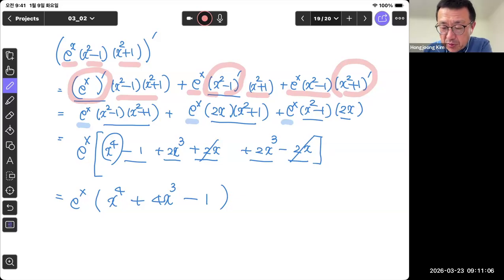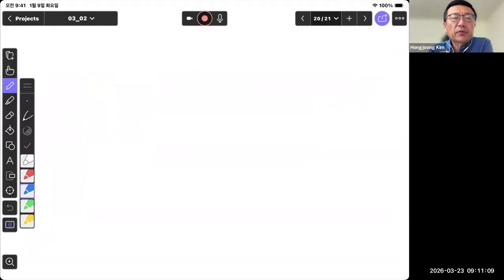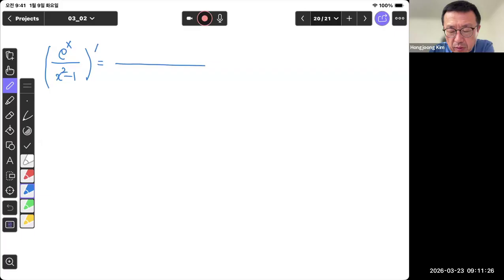So that's what happens. If I have the quotient of two functions, we have a slightly different formula, right? So if I have e to the x, say, over x squared minus 1, when you differentiate this quotient, what is the formula? You first differentiate the numerator, which is e to the x. So you differentiate e to the x multiplied by the denominator, which is x squared minus 1.